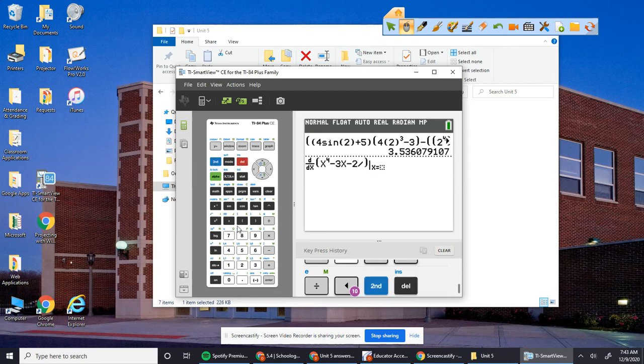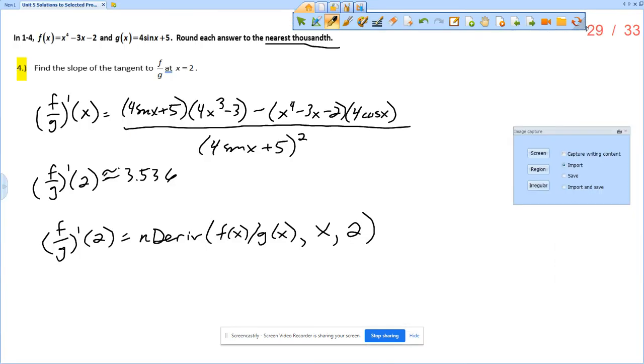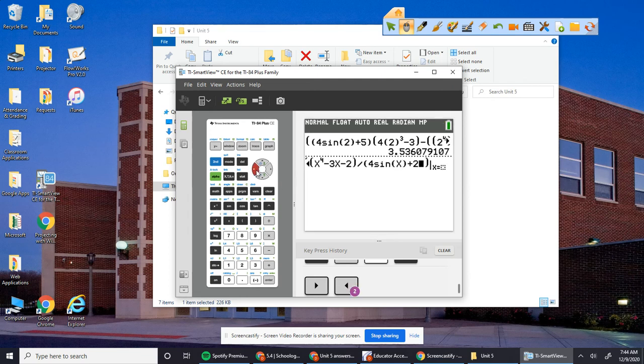So insert an open parenthesis, and then we'll close it there, and then divided by the denominator, 4 sine x plus 5, sorry.